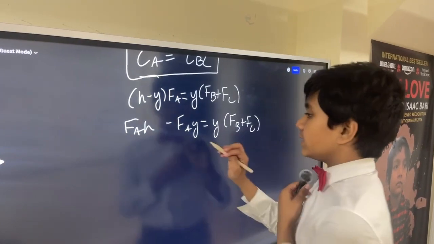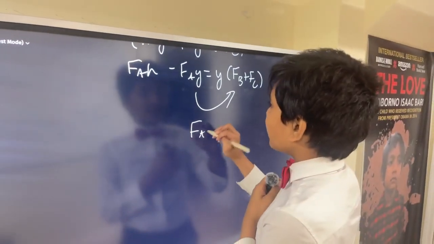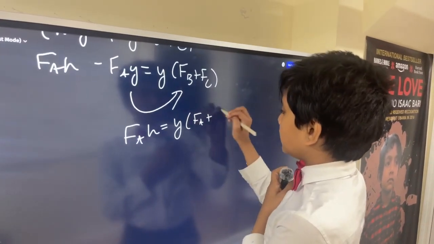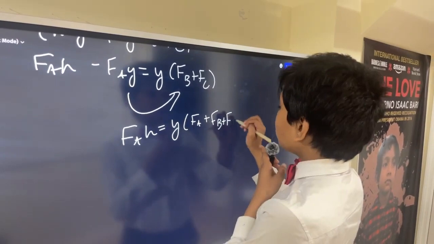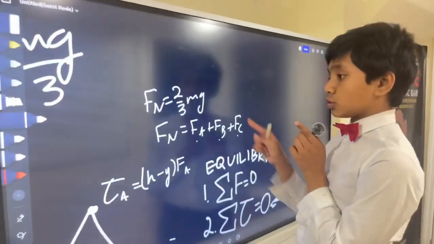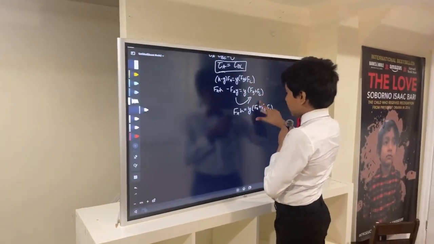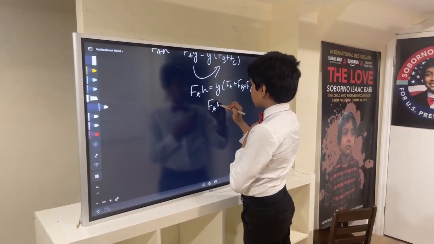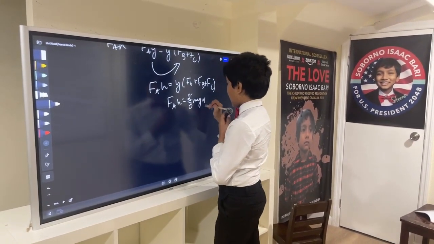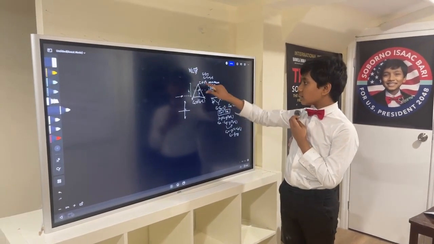And now when we bring this to the other side, it should be obvious what we have to factor. We get FA h equals y times FA plus FB plus FC. But what's FA plus FB plus FC? As we said before, it's 2/3 mg. So that means that FA h is equal to 2/3 mgy.